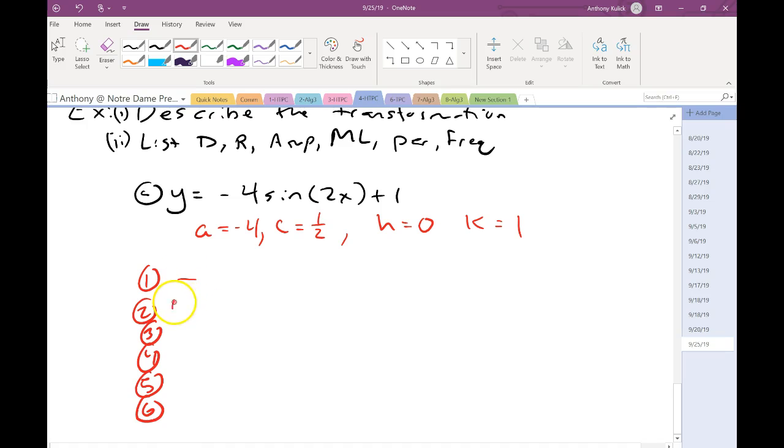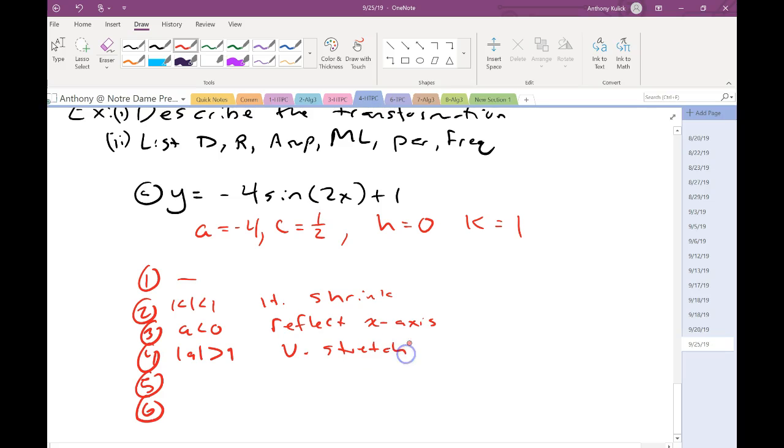But since the absolute value of C is less than 1, I'm going to have a horizontal shrink. Then I'm going to look at my A's. Since my A is negative, I'm going to have a reflection across the x-axis. And since the absolute value of A is greater than 1, I'm going to have a vertical stretch. Since H is 0, there's no shift left or right. Since K is positive, it's going to be up 1 unit.